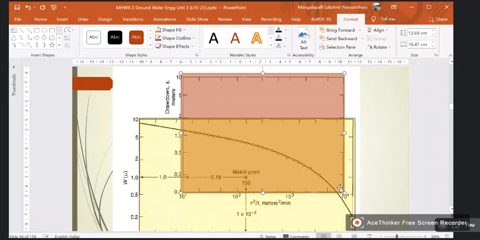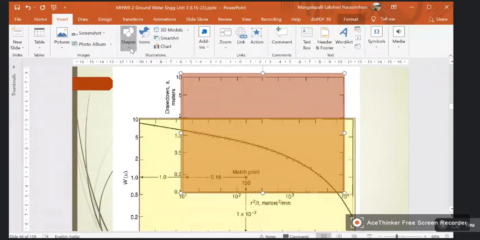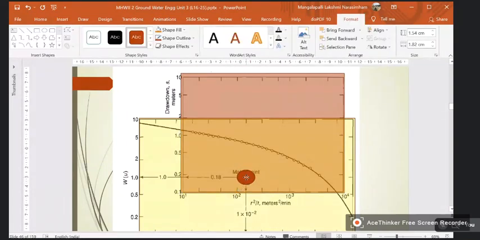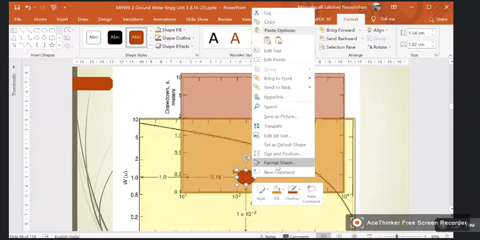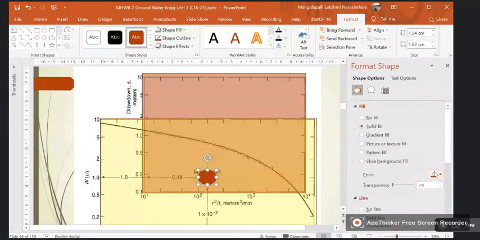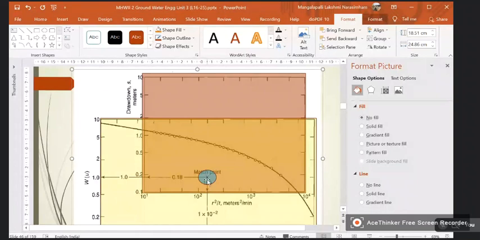So you can see that I have selected a match point which I have highlighted with the blue color circle.